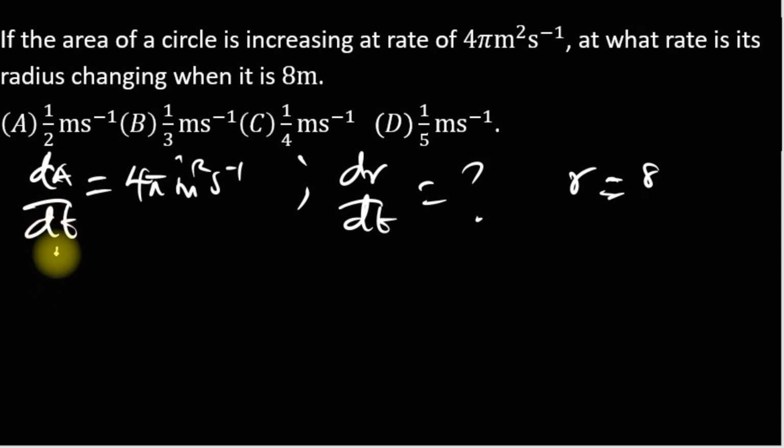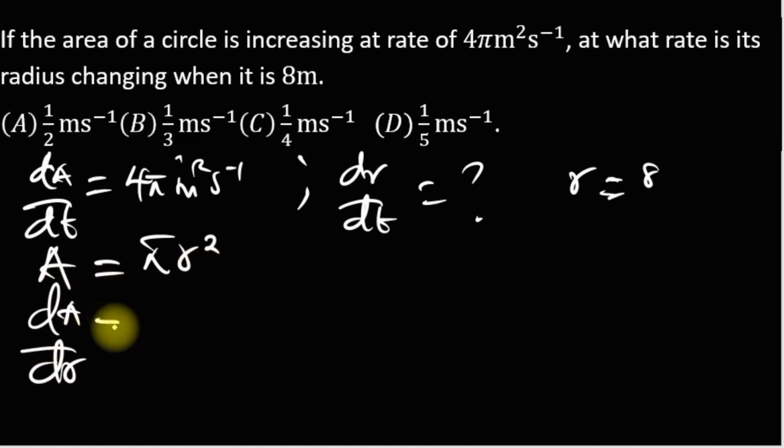From the area of a circle, because this is a circle, area is always pi r squared. So let's differentiate the area with respect to the radius. So dA over dr is now 2 pi r. Differentiate, that's 2 times pi times r to the power 2 minus 1, which is r to the 1. But we're asked to find dr over dt.